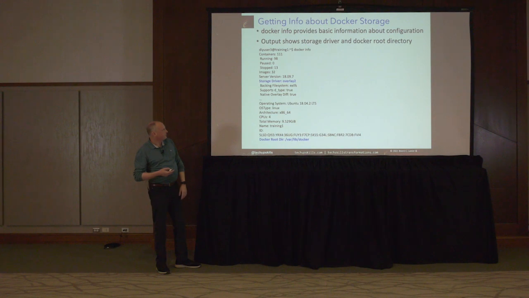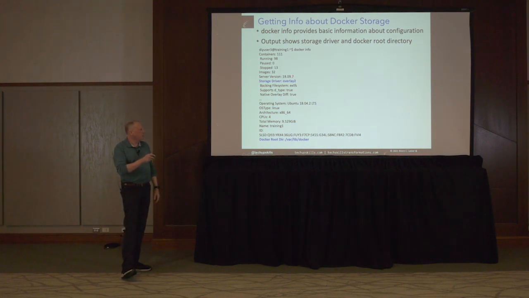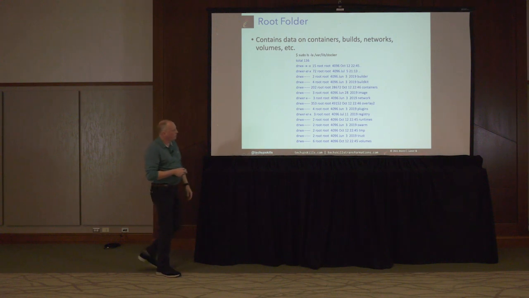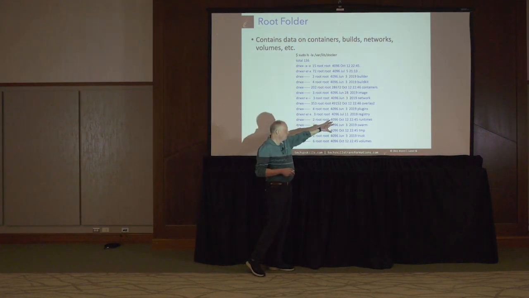If you want to know some information about Docker storage, you can do a docker info, and you'll see things like the storage driver that it uses, overlay2 here. You can also find where it's actually storing the layers. If you look in /var/lib/docker, you would see directories for containers, images, overlay2, runtimes, volumes.